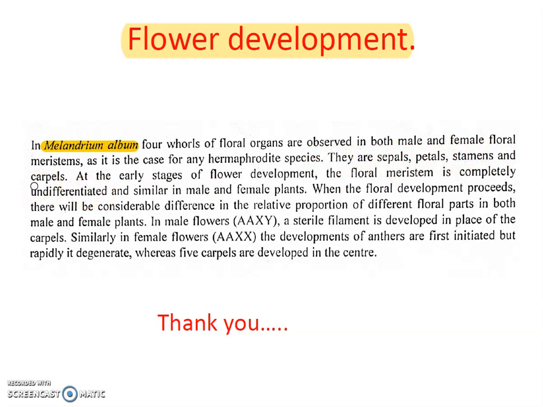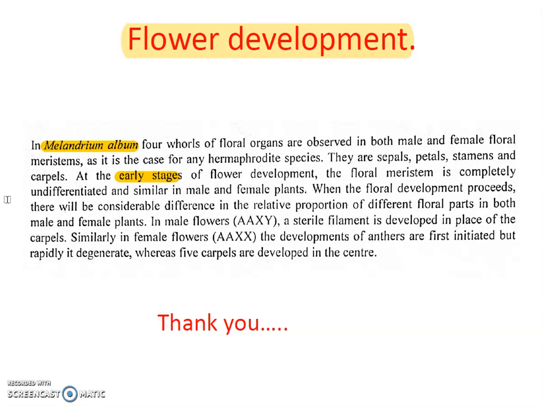At the early stage of flower development, the floral meristem is completely undifferentiated and similar in male and female plants. When floral development proceeds, there is considerable difference in the relative proportions of different floral parts in male and female plants.